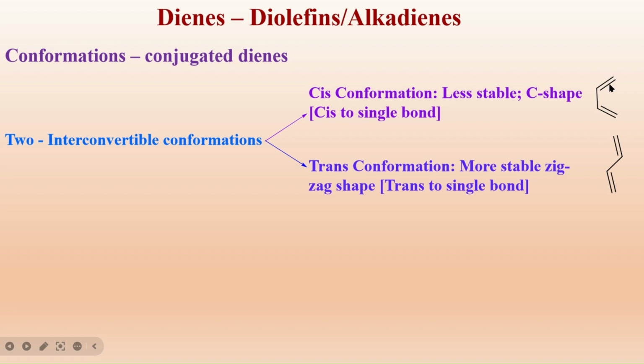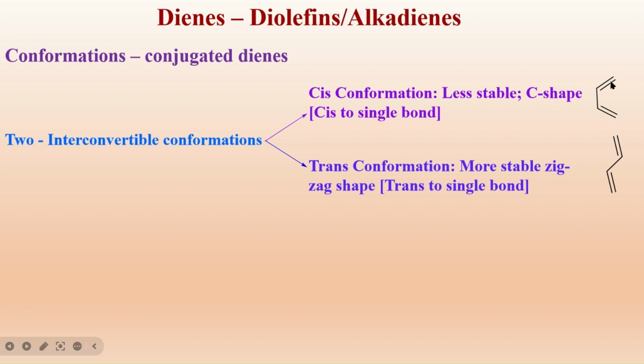In the cis form, the two double bonds lie in the same plane. That's why the torsion angle is 0 degrees. The diene can exist both in cis conformation and in trans conformation. Why does this occur? This is a carbon-carbon single bond, and because of this single bond, they are free to rotate.